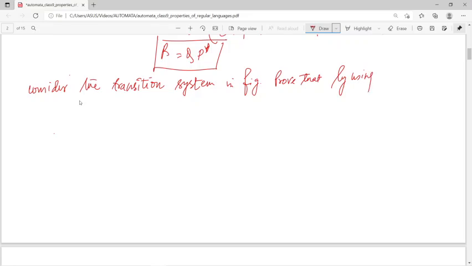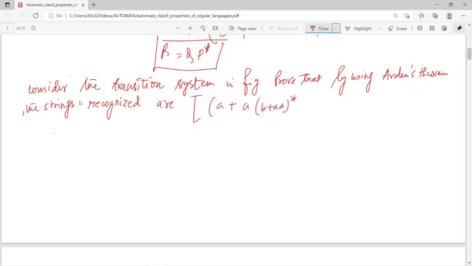by using Arden's theorem. They will mention that by using Arden's theorem, the strings recognized are, say, (A plus A, B plus A star, B), A, B plus A star, A, like that.